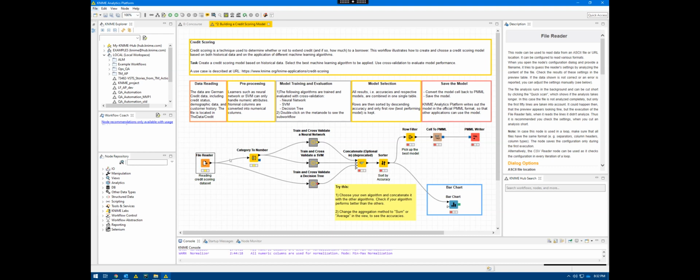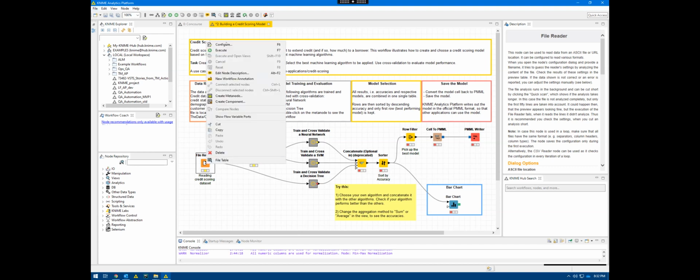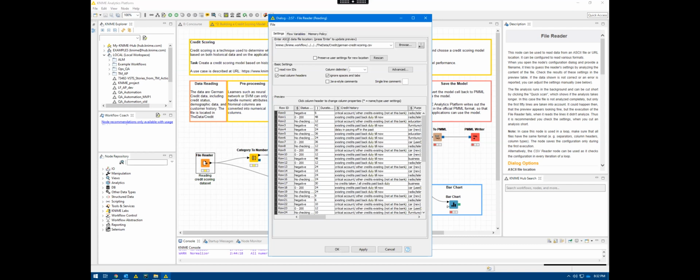In KNIME nomenclature, they call these nodes. Each node represents something. If you go to configure, for example, this node is to read in a file, and in this particular case, it's reading in a CSV file from the web.